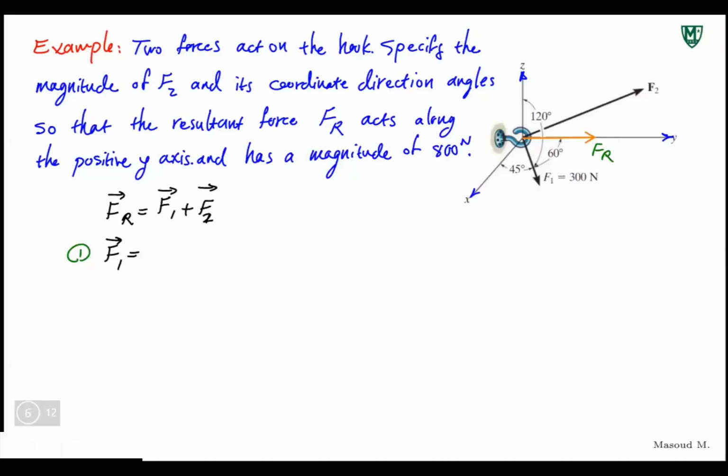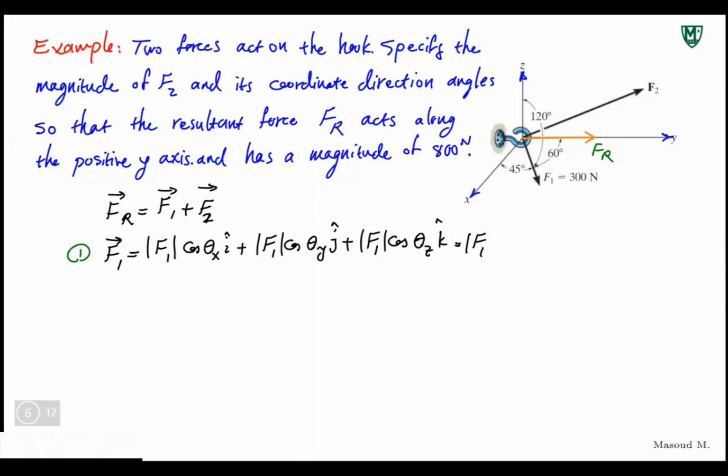If you remember when we were talking about vectors in 3D, F1 is the magnitude of F1 cosine theta x in the i direction, plus magnitude of F1 cosine theta y in the j direction, plus magnitude of F1 cosine theta z in the z direction. Alpha, beta, and gamma are the angles they create. As long as you multiply the magnitude with the cosine of the angle that it creates with that axis, you will get the component in that direction.